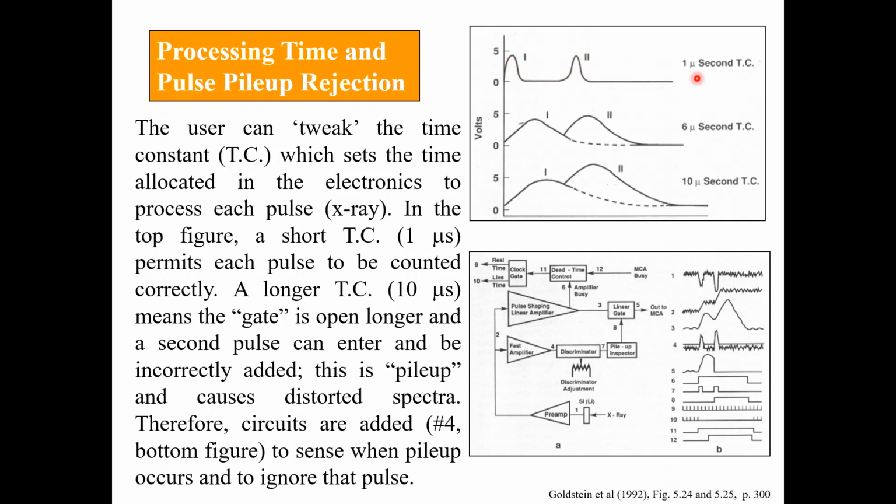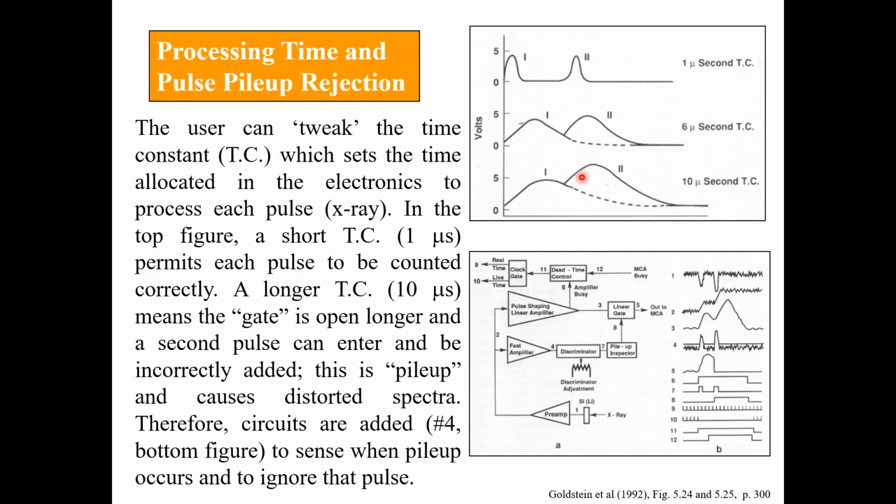So the short time interval enables each pulse to be counted. But if we increase the time, at longer TC, that is almost 10 microseconds, it means the gate is often open longer, and a second pulse, which you can see here, can enter and be incorrectly added.